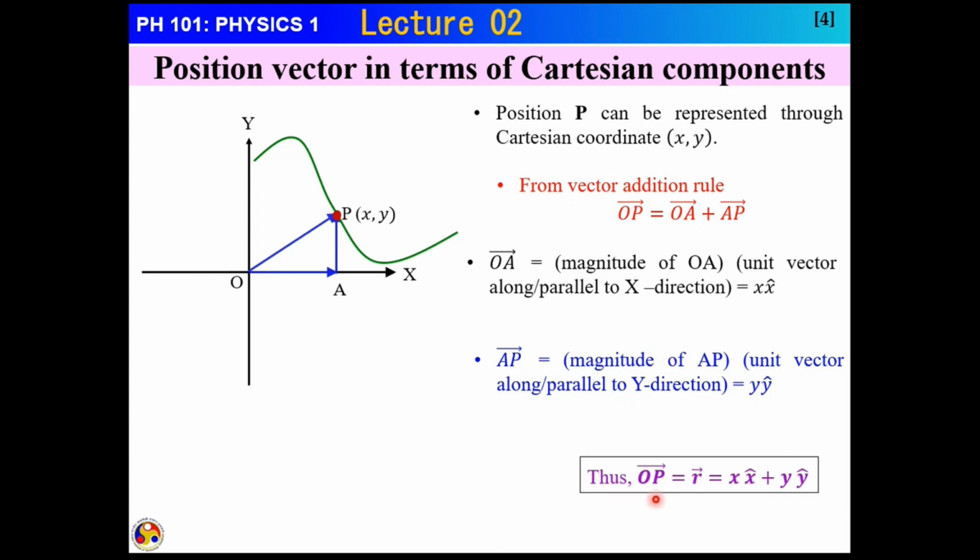So the position vector of point P is written as x x cap plus y y cap.